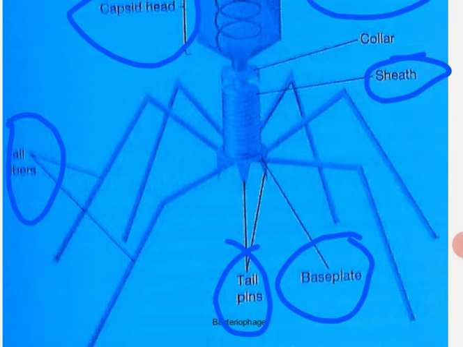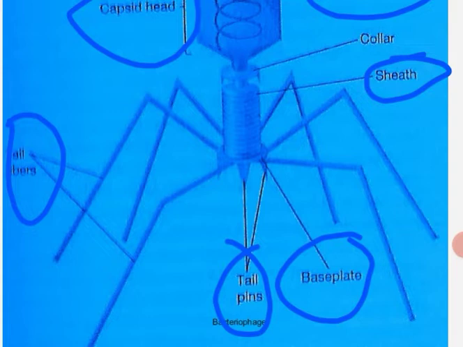Now I discuss some important features of bacteriophage. The most intensively studied group of phages belong to the T series, numbered from 1 to 7, which attack non-motile strains of Escherichia coli.